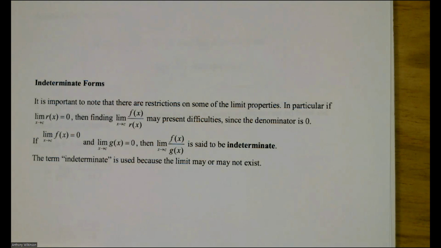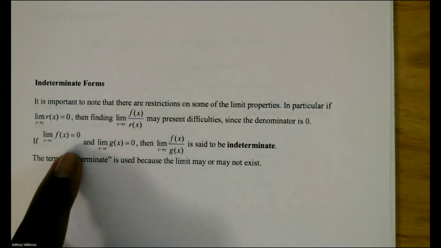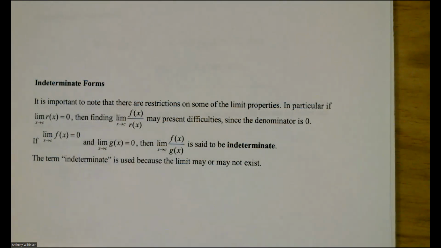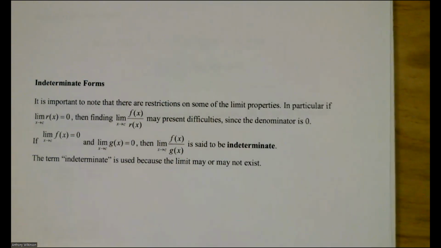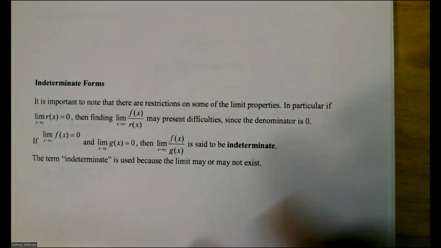Now, if your limit as x approaches the constant of f of x is 0, and the limit as x approaches the constant of g of x is equal to 0, as I showed you in that example, then that limit of f of x divided by g of x as x approaches that constant is said to be indeterminate. And we're using that word indeterminate because the limit may or may not exist.